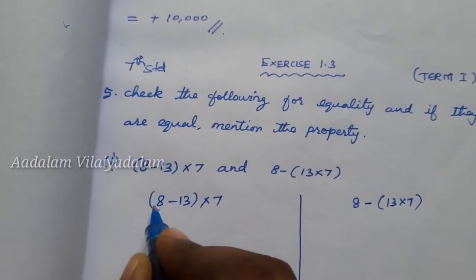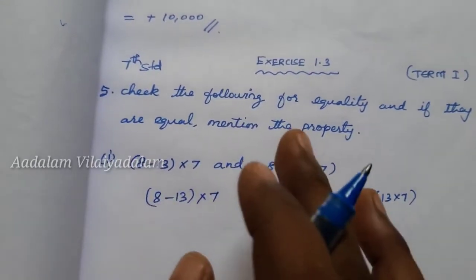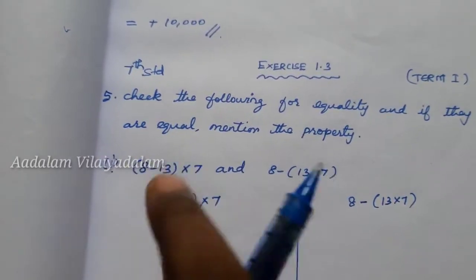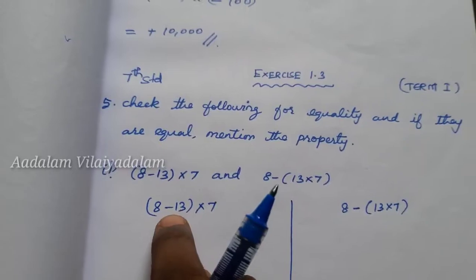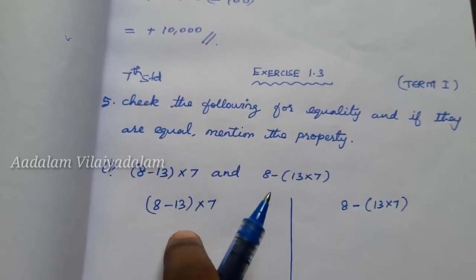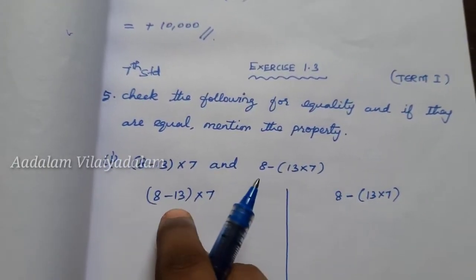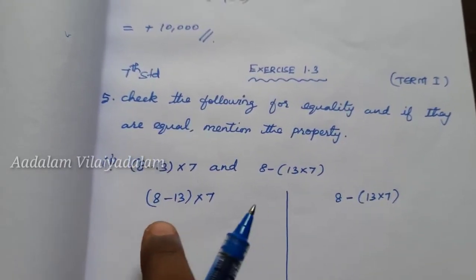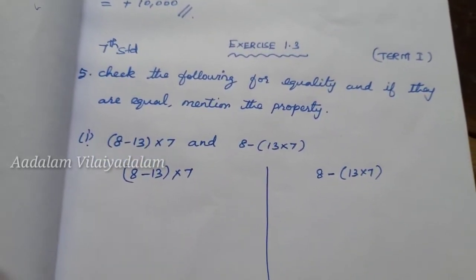Here for the 8, the sign is not given. Therefore, we have to take it as plus. If it is a plus 8, then what is the sign of 13? That is minus. So if there are different signs, as you might have studied in the addition of integers, you have to do the subtraction and assume the greater number's sign.